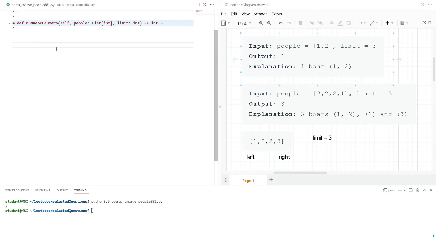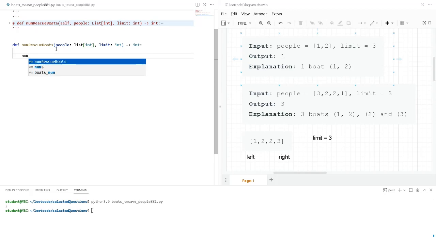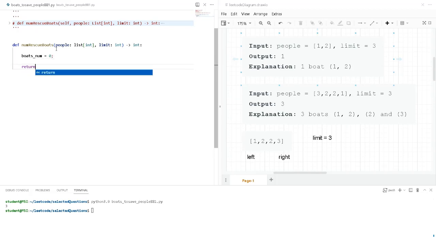Let's say we're going to need the function rescue boats, and then right here people will be a list of integers, and limit will be an integer, and then we will initialize the boats num equivalent to 0, and we're going to return that number, right?